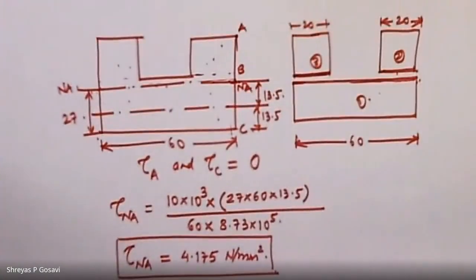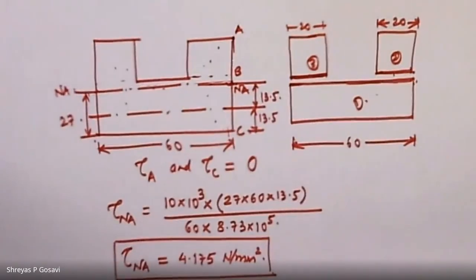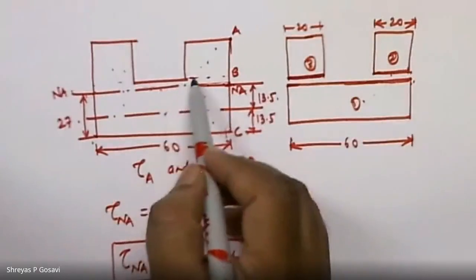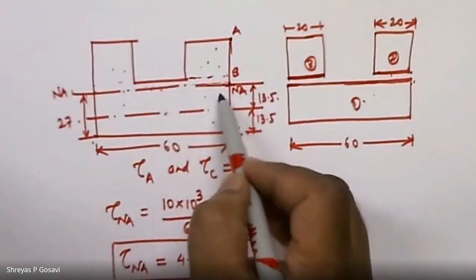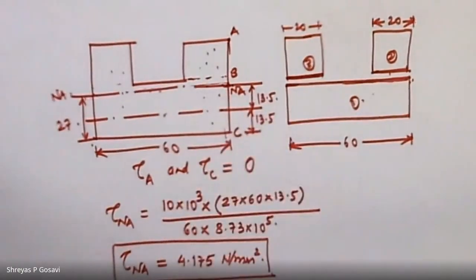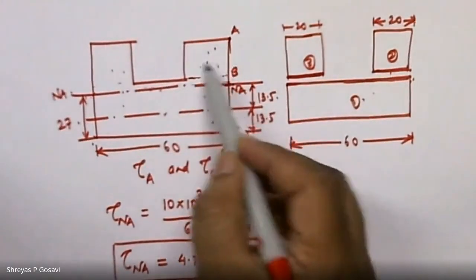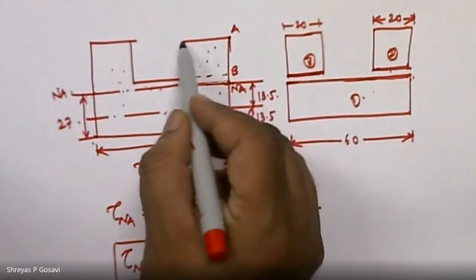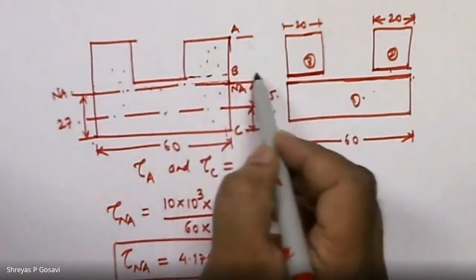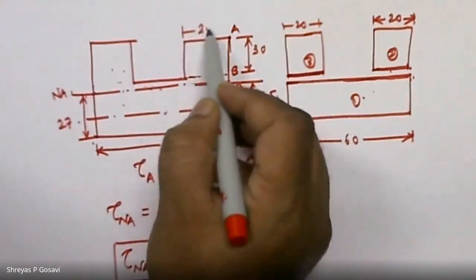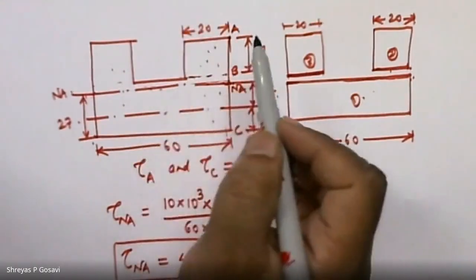Since we are considering b equal to 40 millimeters, we have to consider the area either above the section or below the section. It will be easier to consider the area above the section. So its dimensions are 20 and depth is 30. We know that this distance is 30 and this width is 20.